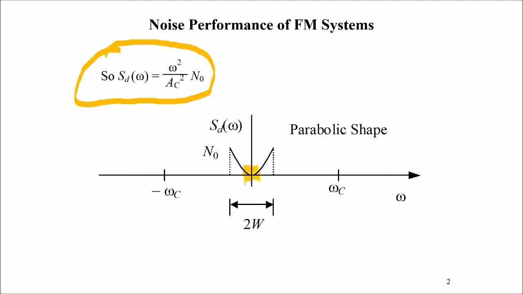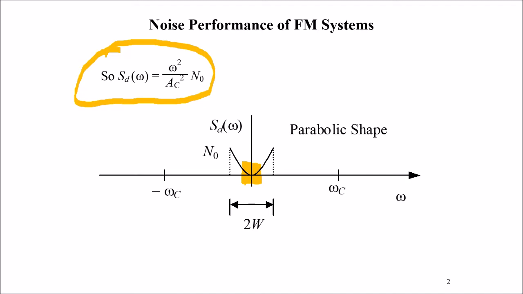At small frequencies, there is less noise power than there is at the higher frequencies, which means that for our message signal, which would be an audio signal typically for an FM system, there's less noise interference for the lower frequencies than there are for the higher frequencies.